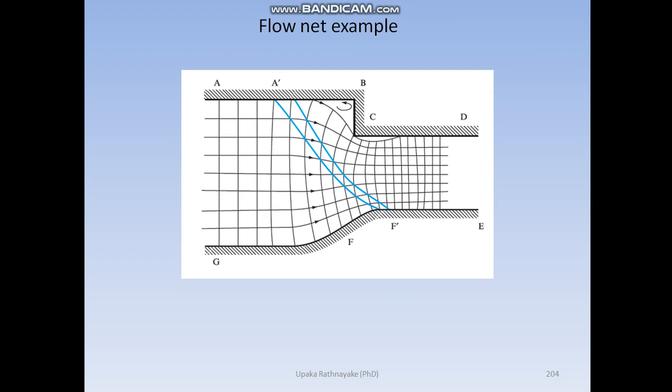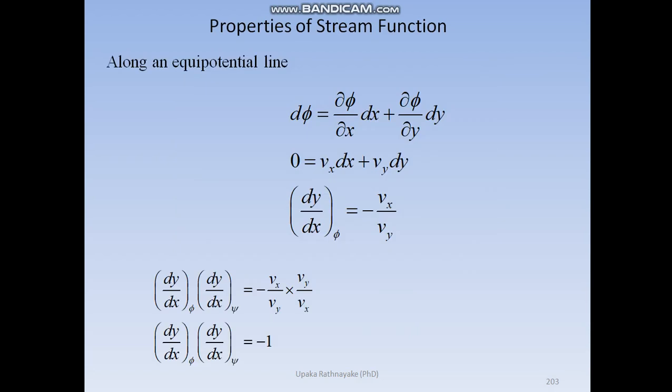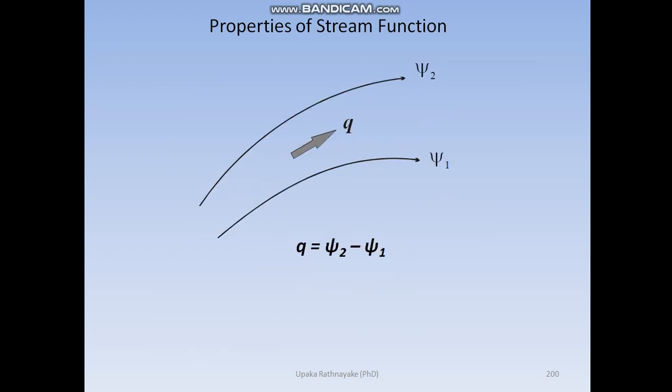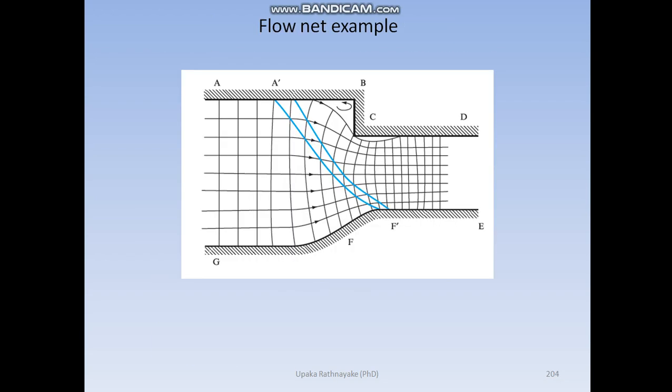Now this diagram shows a flow net. So we can draw these streamlines and equipotential lines for the flow situations, and we can use this particular property, that is the subtraction of stream functions, to calculate the total flow rate in the system. That concludes this session.